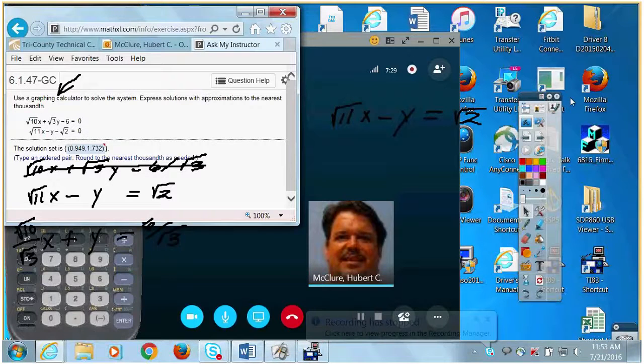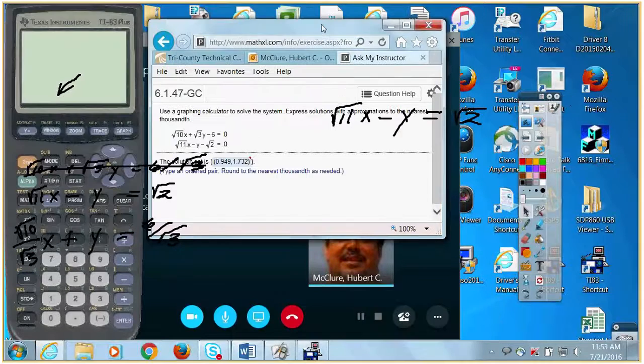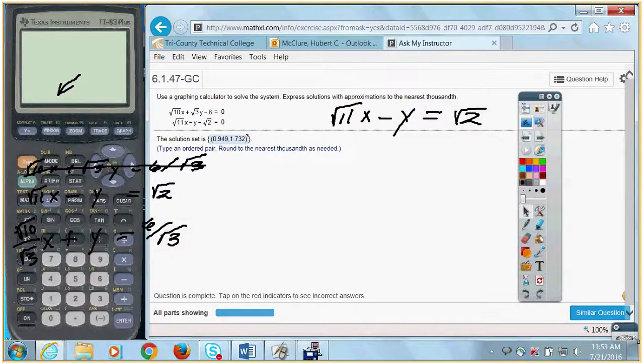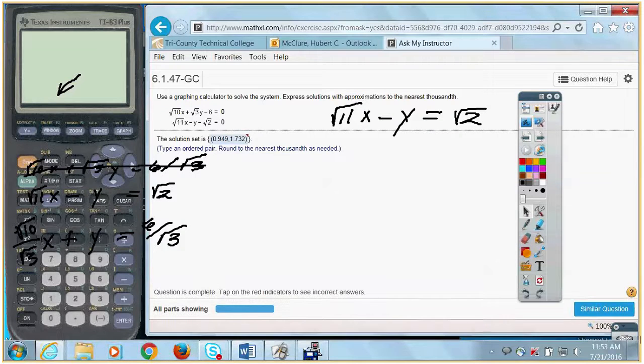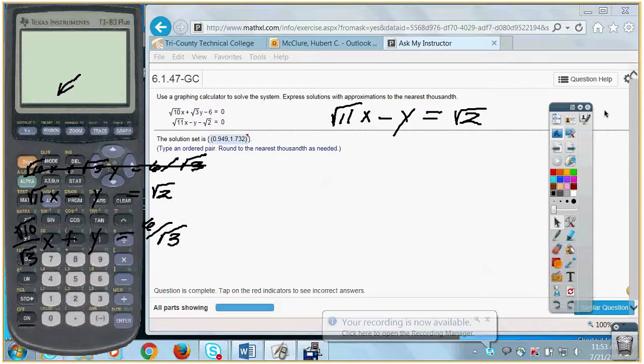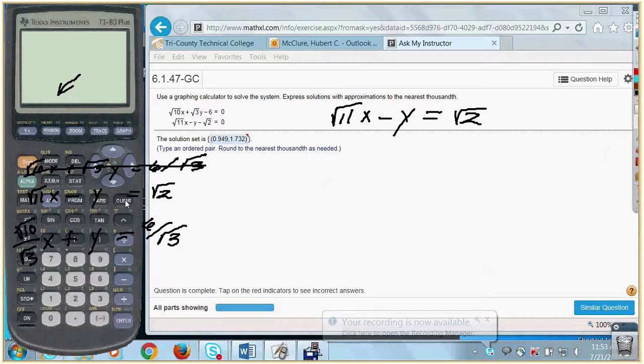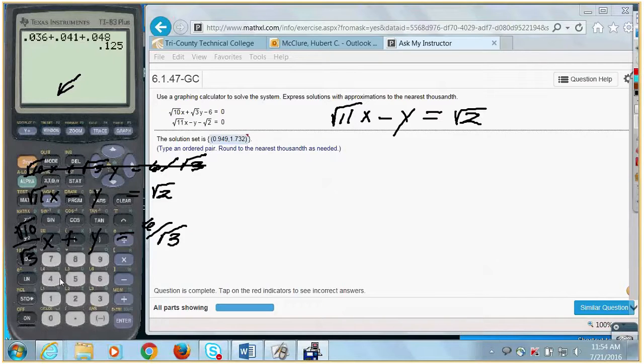There we go. All right, square root of 10 over square root of 3. So turn it on and clear, and 10 raised to the 0.5 power divided by 3 raised to the 0.5 power.